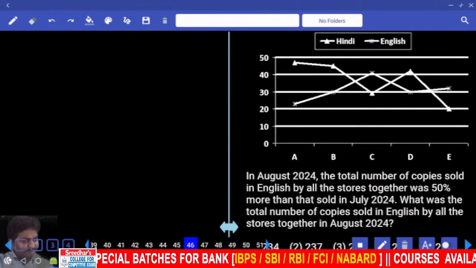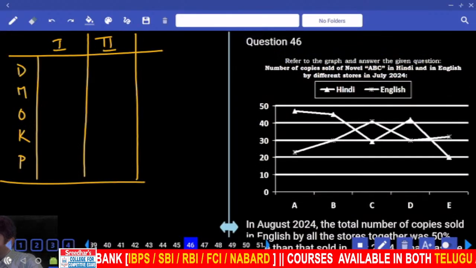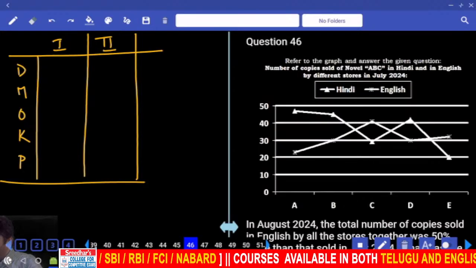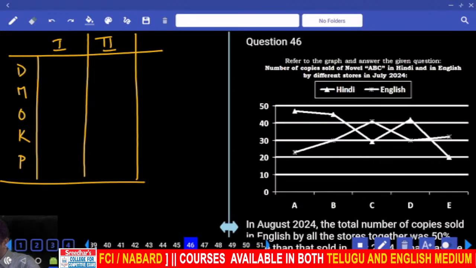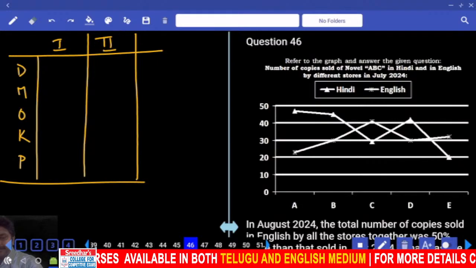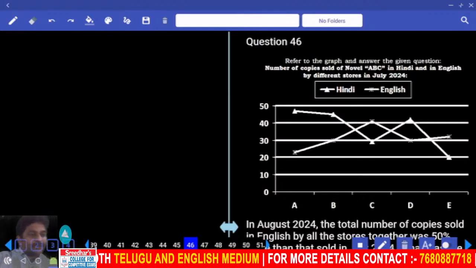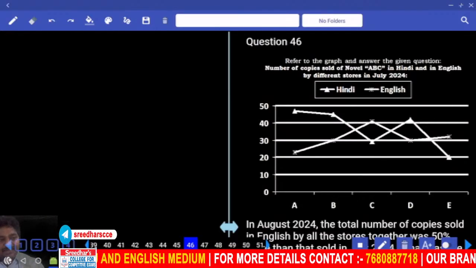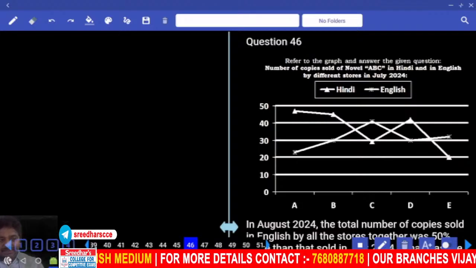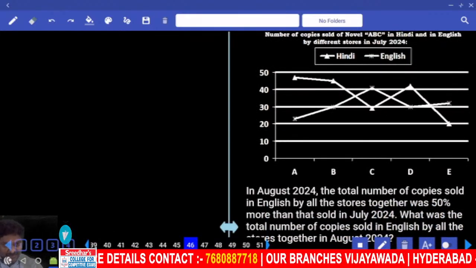Next. By the way, did we fill the table? Did we fill the table? I think there are only two values we calculated. Yes? Number of copies sold of novel ABC in Hindi and English by different stores in July 2024.